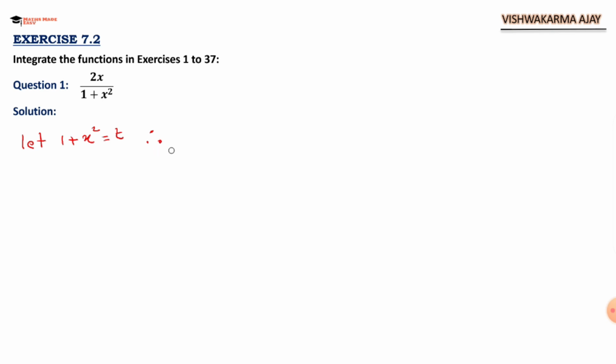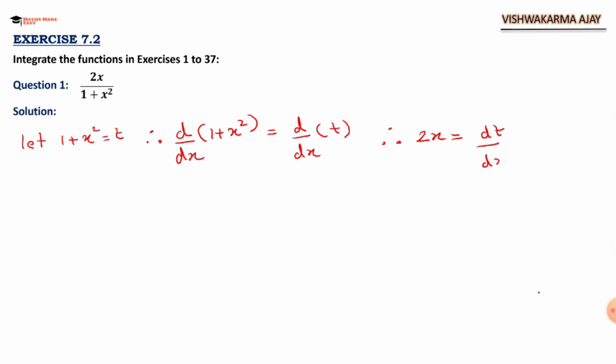Therefore, d upon dx of 1 plus x square is equal to d upon dx of t. Therefore, I can write derivative of 1 is 0 and of x square is 2x, equal to dt upon dx. So basically, I can say that 2x dx is equal to dt.